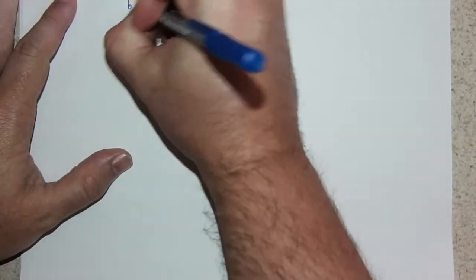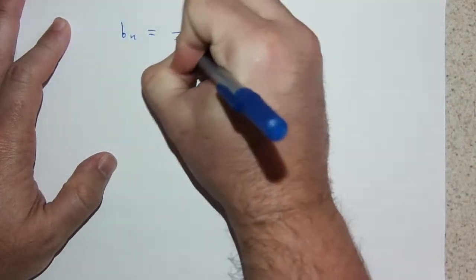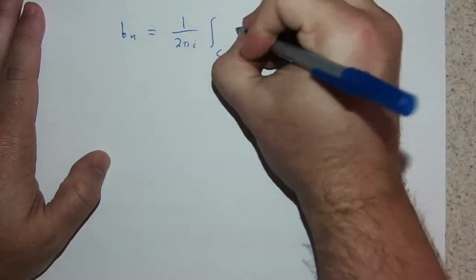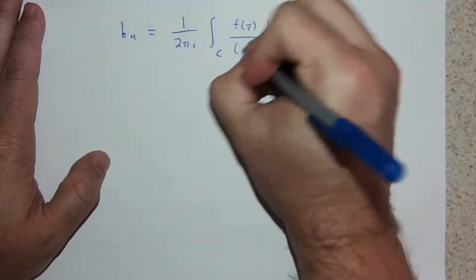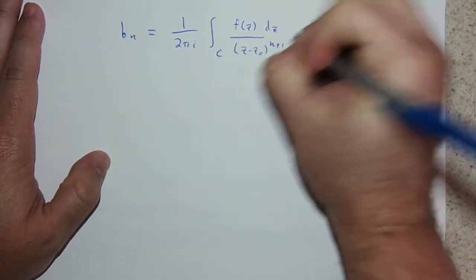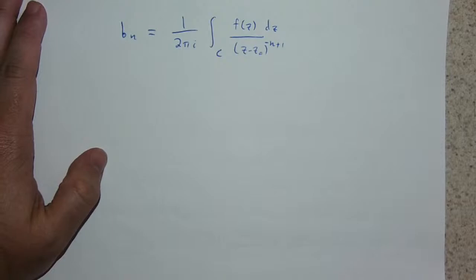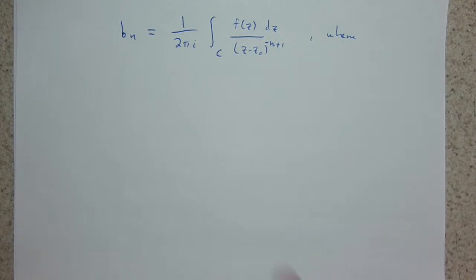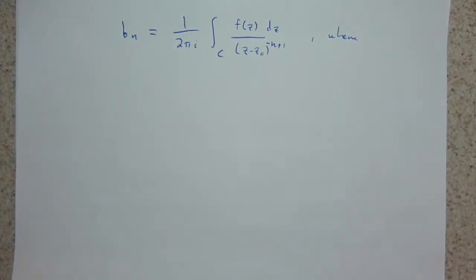So in fact, b sub n is computed as 1 over 2 pi i times the contour integral over C of f of z dz over z minus z naught to the minus n plus 1, because we're using this formulation of it, where f is the function in question, right? And C is some positively oriented simple closed contour around z naught, right? That lies entirely in our deleted neighborhood, right?